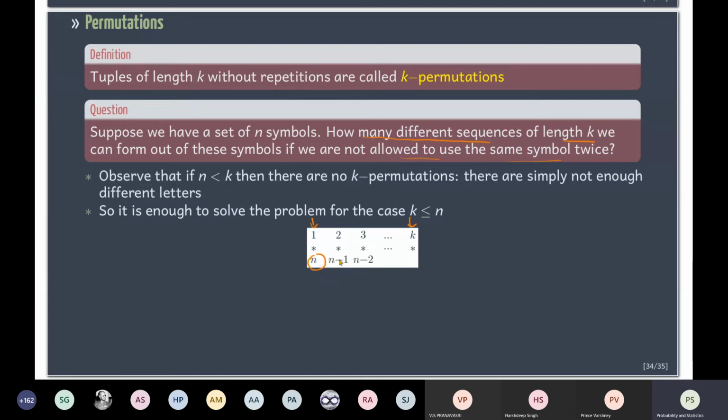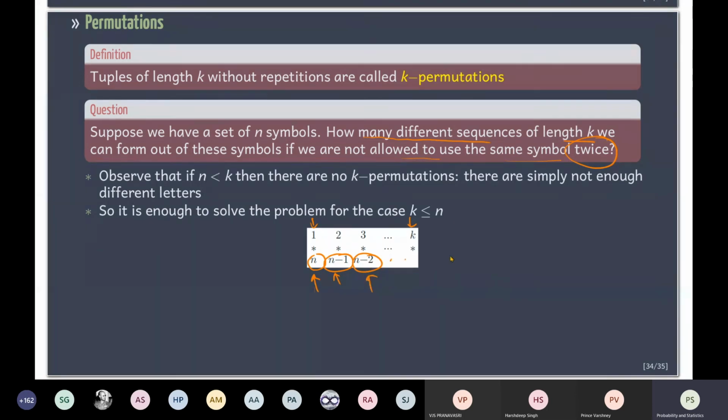Once I have taken one of them, I'm left with n minus 1 to choose from, because I'm not allowed to use the same symbol twice. Once I have used a symbol in the first place, I cannot use it in any of the remaining k minus 1 places. Similarly, in the third place, since I have used 2 symbols, I'm left with n minus 2 symbols, and so on.